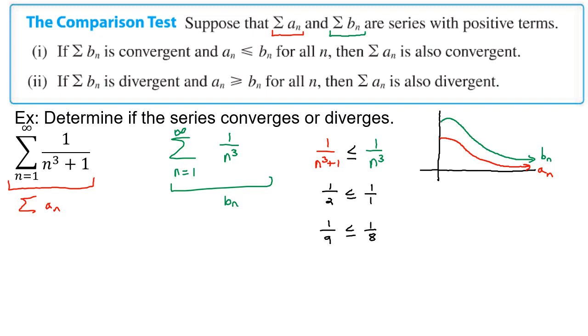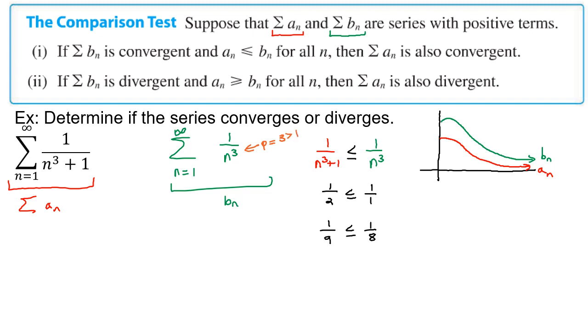I also need to notice that I picked 1 over n cubed for a reason, because I know that is a p-series. This 3 right here is greater than 1.